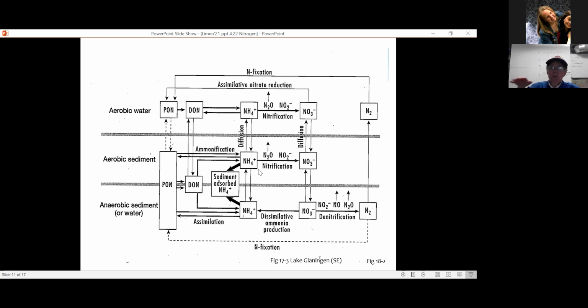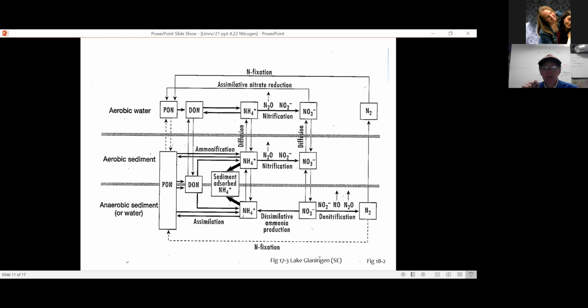But also, because it's on the sediment surface, some of these ions, particularly the ammonium, can get adsorbed onto particles in the sediment, especially if there are organic matter particles or clay.